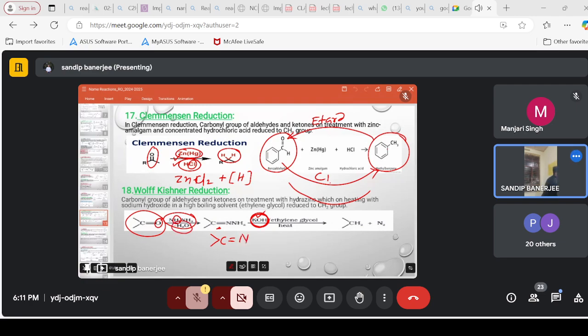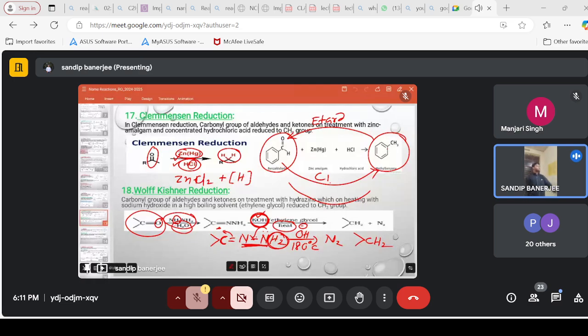In the next stage, C=N-NH2 forms. Then approximately 180 degrees centigrade of heat is required, and in the presence of KOH, the alkali, rearrangement happens. The nitrogen in successive steps produces nitrogen gas, N2, and the carbon part with CH2 produces the hydrocarbon.